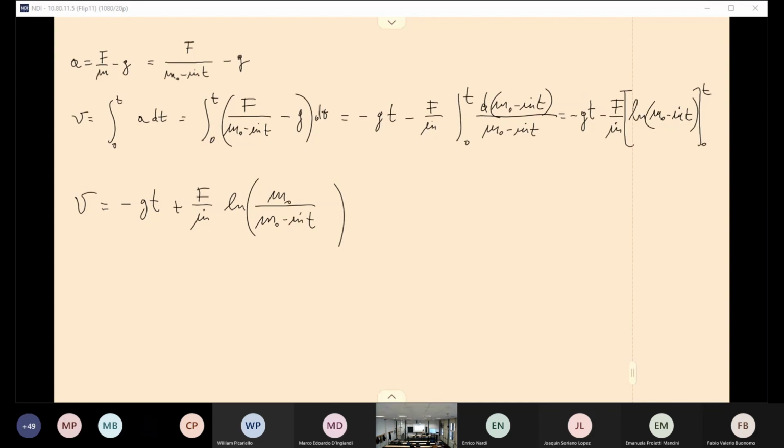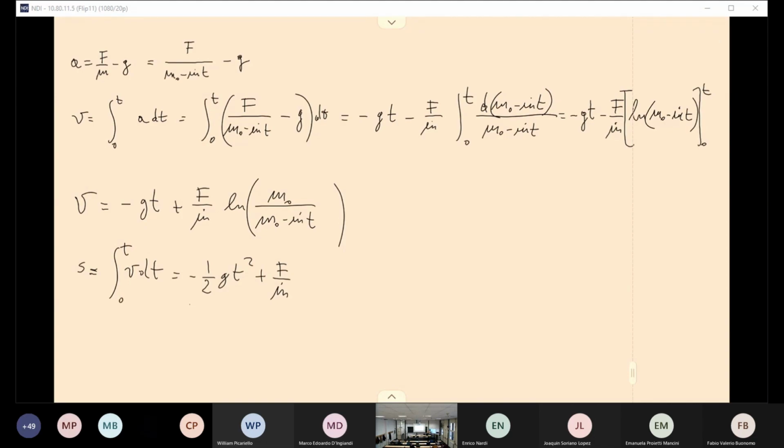Then, when we have now to integrate this, and this will be minus 1/2 gt squared and now we have these two terms.